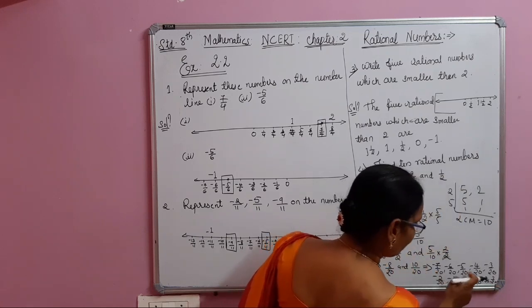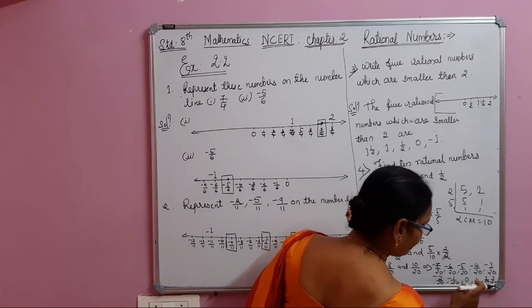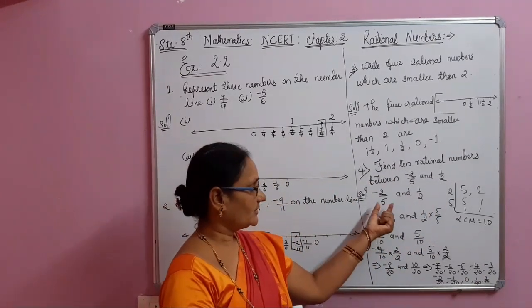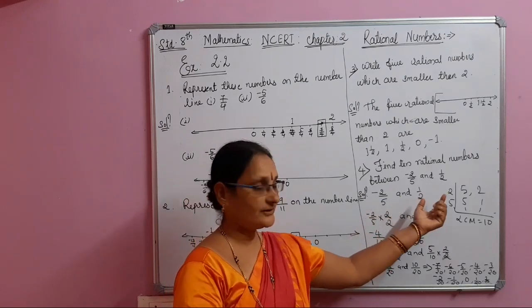See, 1, 2, 3, 4, 5, 6, 7, 8, 9, 10, up to 2 by 20 are the 10 rational numbers between minus 2 by 5 and 1 by 2.